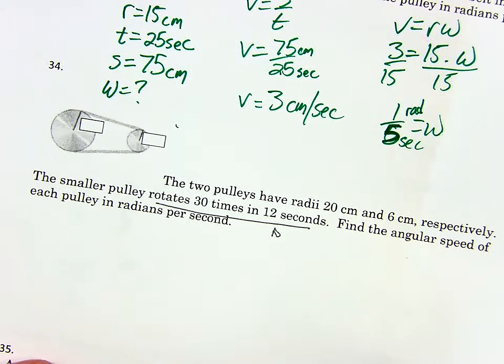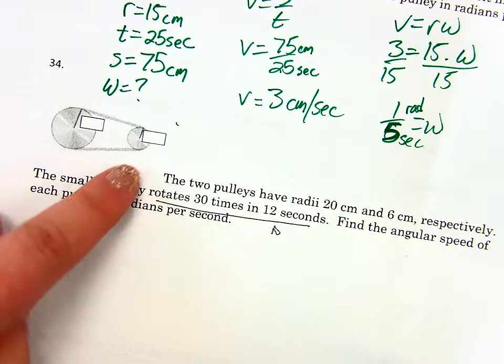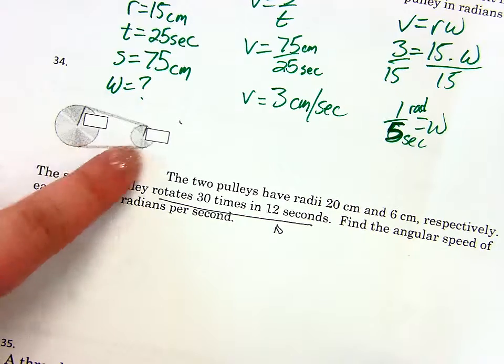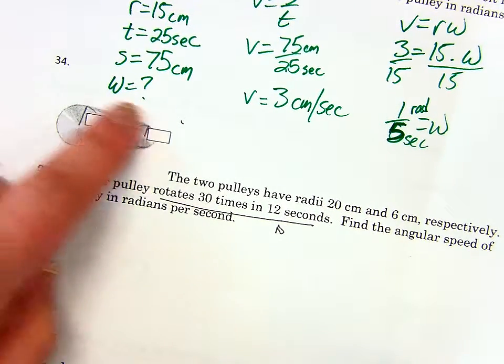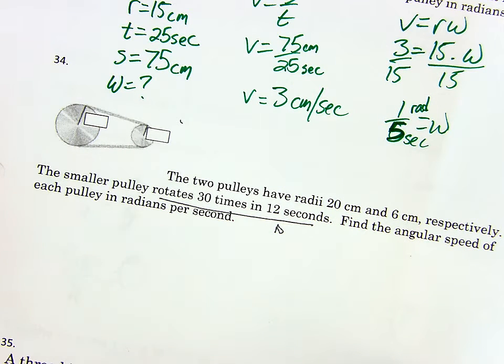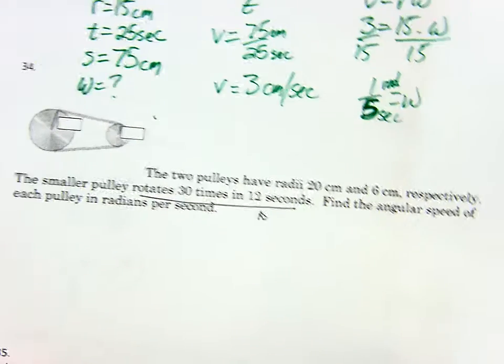So, can you imagine this? Imagine there's a belt going around, or it looks like a bicycle chain, doesn't it? Like the gears on your bike. Same idea. You have a little gear and a bigger gear. Chain goes around it. The chain's going to move at the same speed, right? No matter where it is.